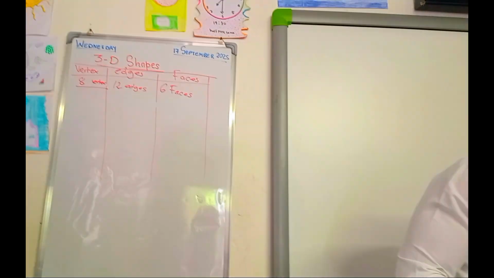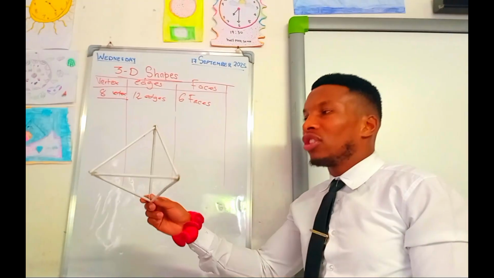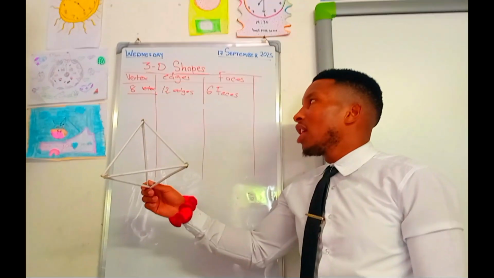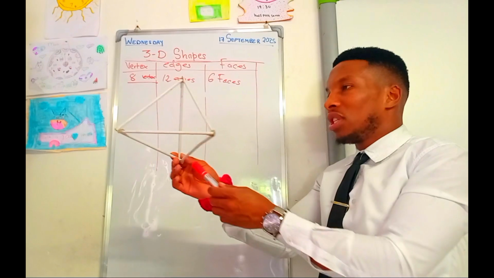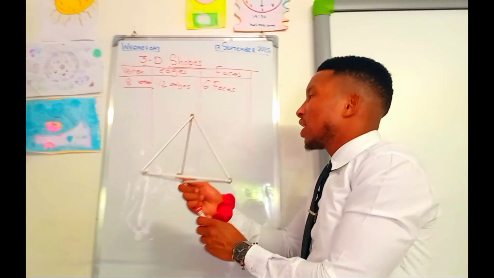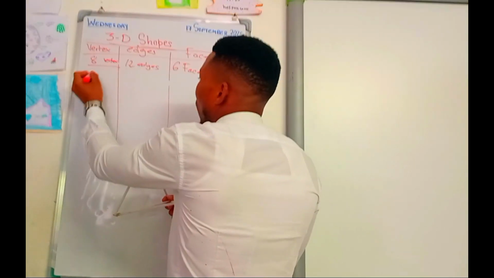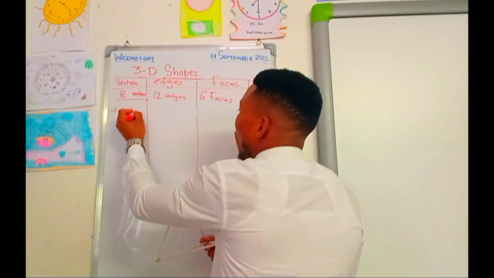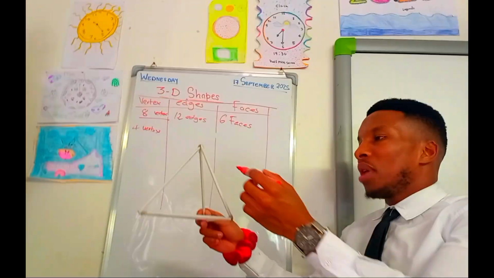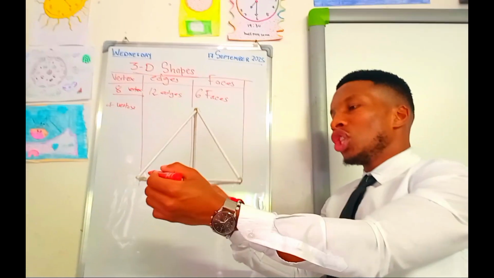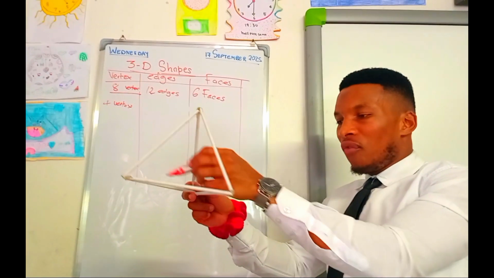Alright. Then we have a tetrahedron here. On a tetrahedron, let's check how many vertices we have. 1, 2, 3, 4. We have 4 vertices on the tetrahedron. Then how many edges do we have? 1, 2, 3, 4, 5, 6.